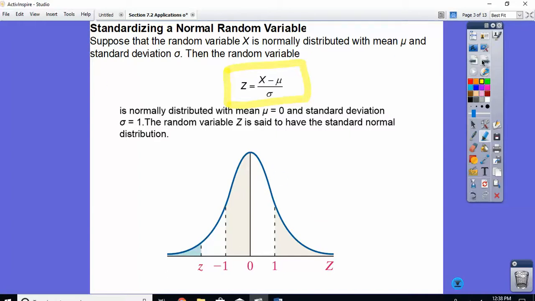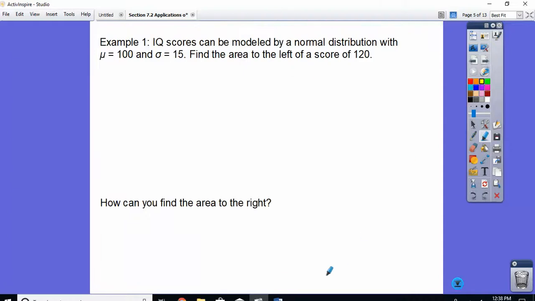Let's look at a problem. Let me give you a second to write this down before I work through it. Scores are normally distributed with a mean of 100 and standard deviation 15. Find the area to the left of a score of 120. If you just went to your table, does it have 120 on this table?